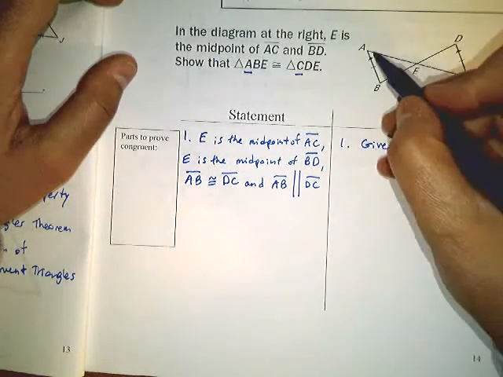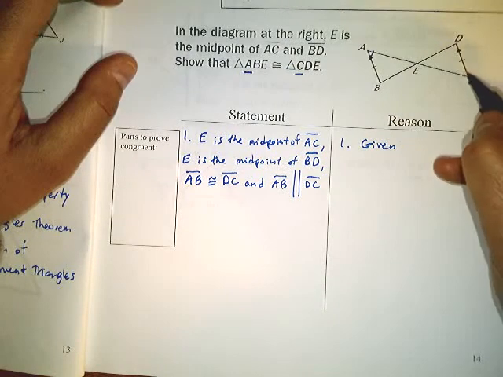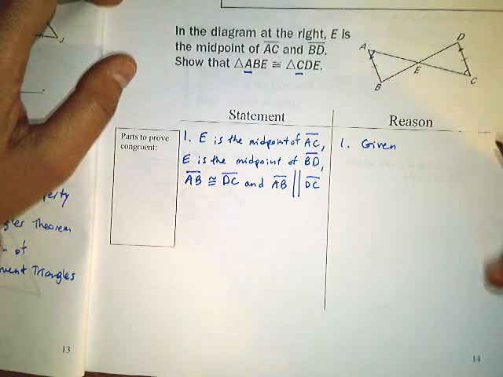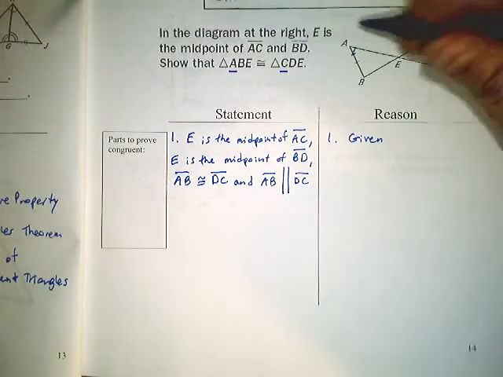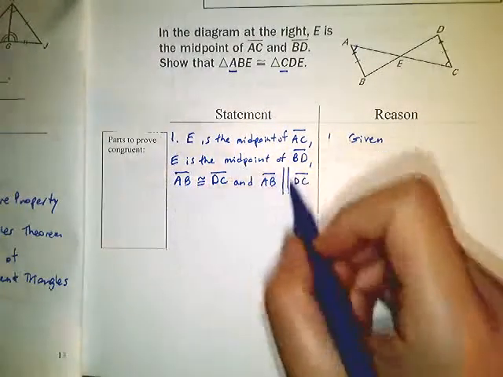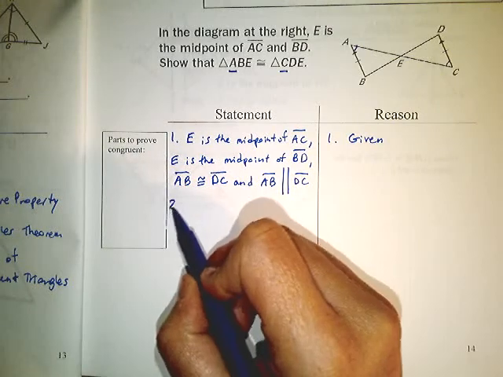If that's true, then is there a relationship between angles A and C? Yes, there is. It's called the alternate interior angles theorem. So here's your two parallel lines. Here's your transversal. These are on the opposite sides of that transversal, and they would have to be congruent if those two lines indeed are parallel. And we know that because it was given.